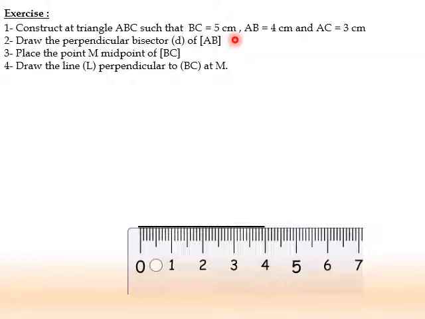Here I started with 4 centimeters just because most of you asked me before, should I always start from the longest one, or can I choose any one of these sides. Again, I prefer to start from the longest side, but here I will start with 4 centimeters just to show you that in all cases we will get the same result.